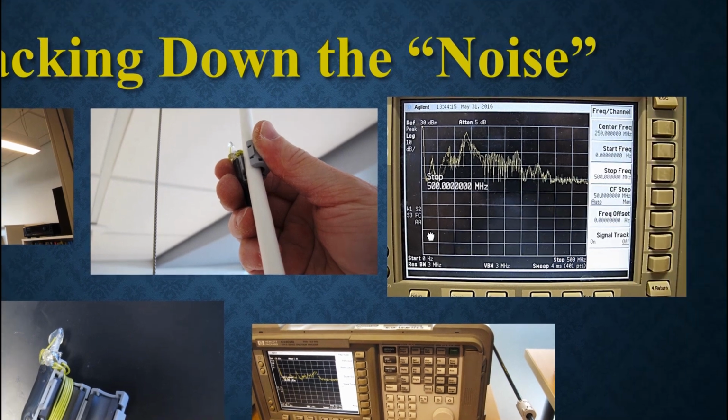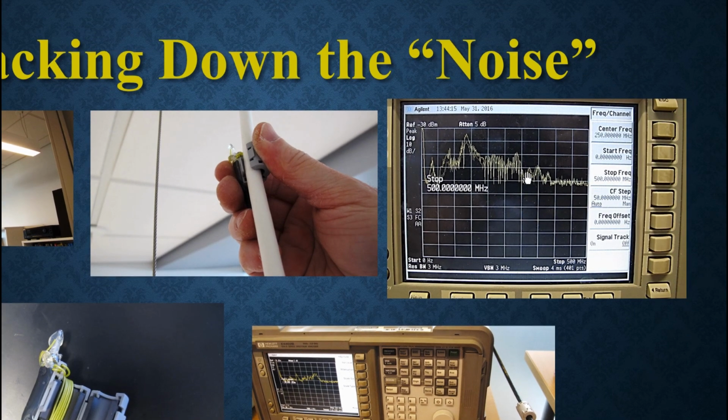And what do we see? Well, we see pretty much the same kind of spectrum that we saw with the antenna hooked up to the spectrum analyzer. So it's basically radiating from these wires in a common mode sense.